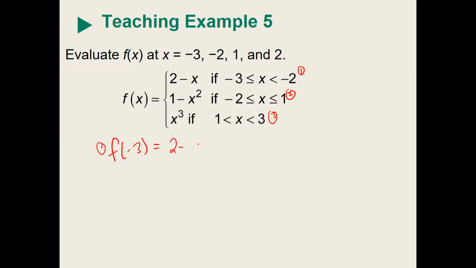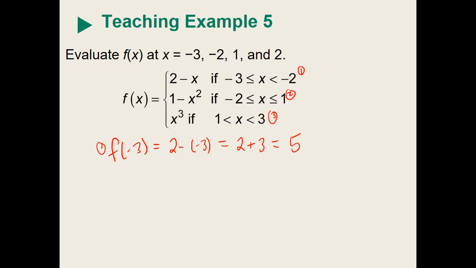So it becomes 2 minus -3. A negative times a negative makes a positive, and 2 plus 3 is 5. That's how you evaluate using piecewise. You determine which interval, plug in, simplify.